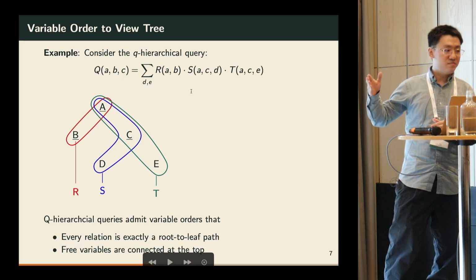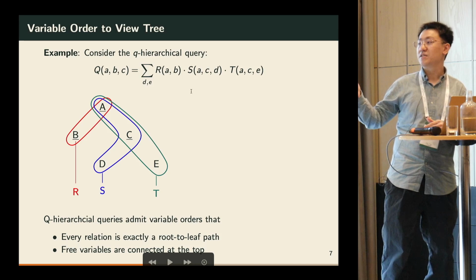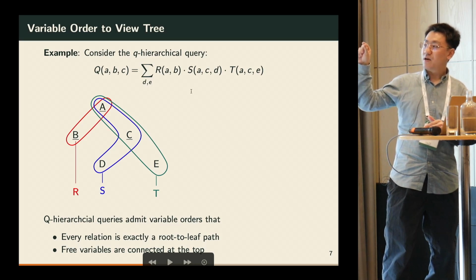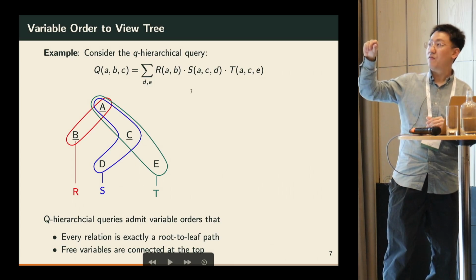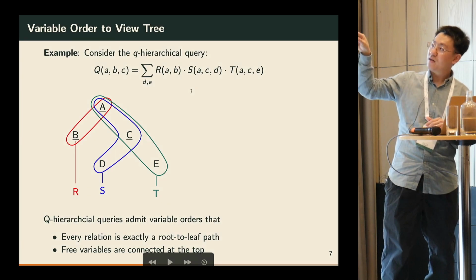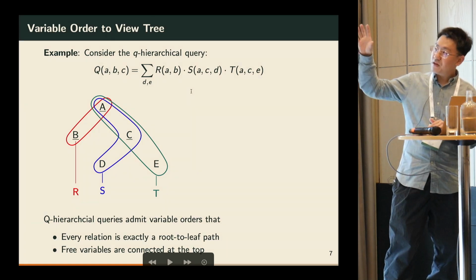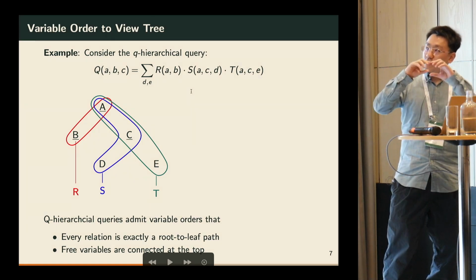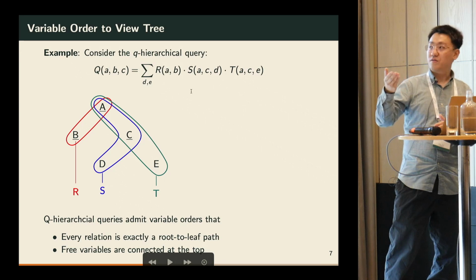It must satisfy some properties, but we know for Q-hierarchical queries, we can always find a variable order such that every relation is exactly a root-to-leaf path. Right here, R(A,B) is a root-to-leaf path, and so are S(A,C,D) and T(A,C,E). Having such a structure, variables on different branches are conditionally independent given their ancestors.